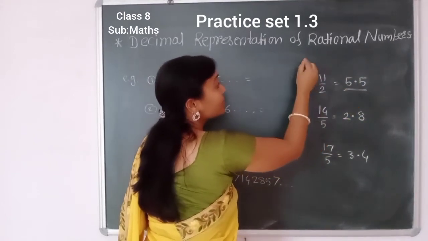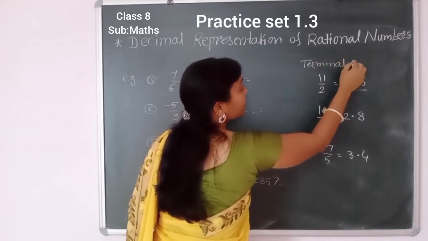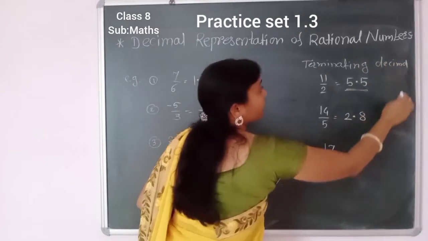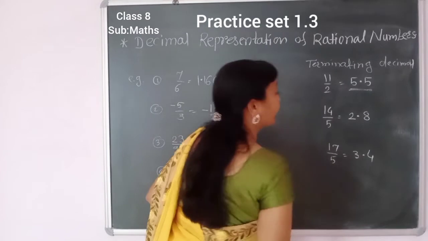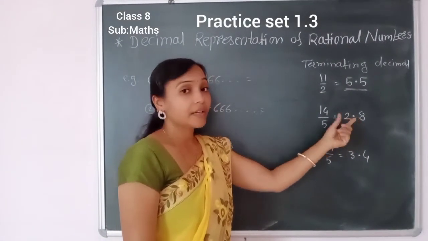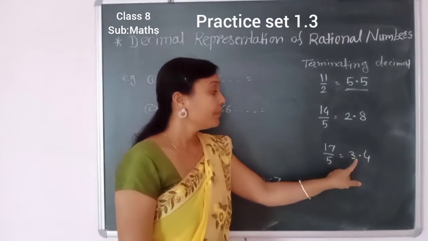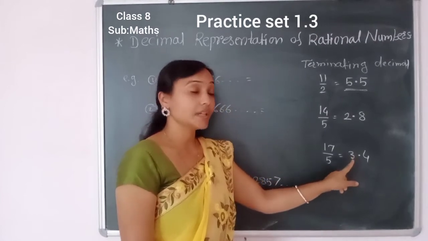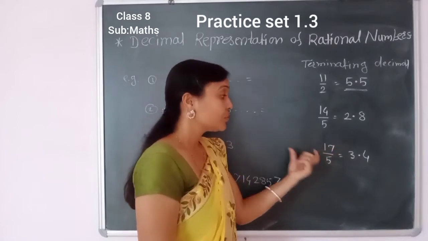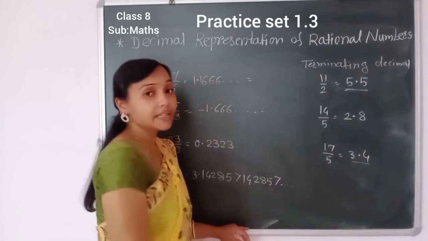So that number is also called a terminating decimal number. 14 by 5, its answer is 2.8. Again, this is a terminating decimal number. 17 by 5, in this example also we get the remainder 0. It means this division stops. 3.4 is also a terminating decimal number.